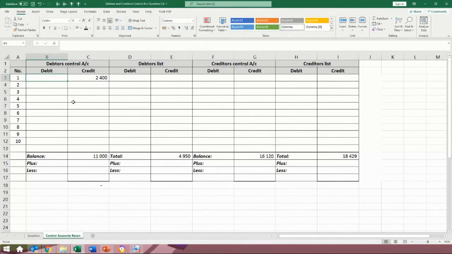The second entry: they tell you a credit note was issued for 100 Rand that had not been recorded at all.